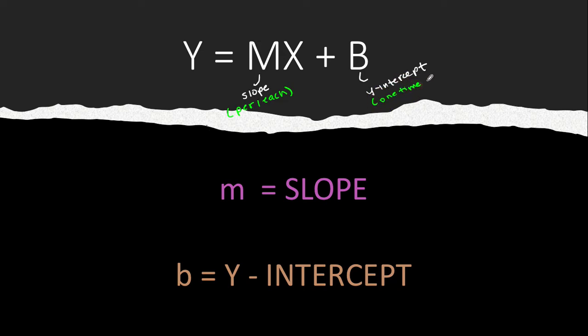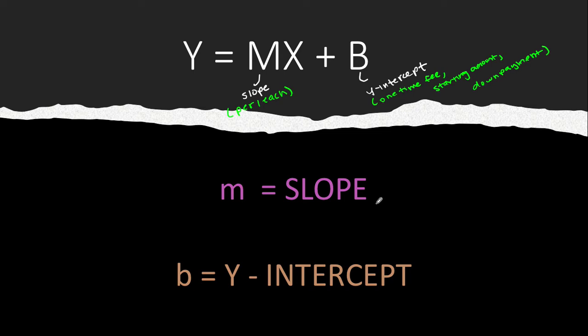What about for y-intercept? What key phrases would I use for y-intercept? One-time fee. Starting amount, how much you start with. Initial amount, down payment, something that's only going to happen one time. Right?